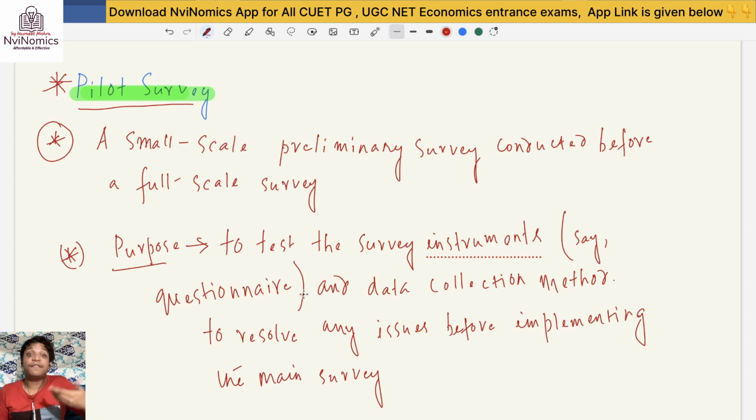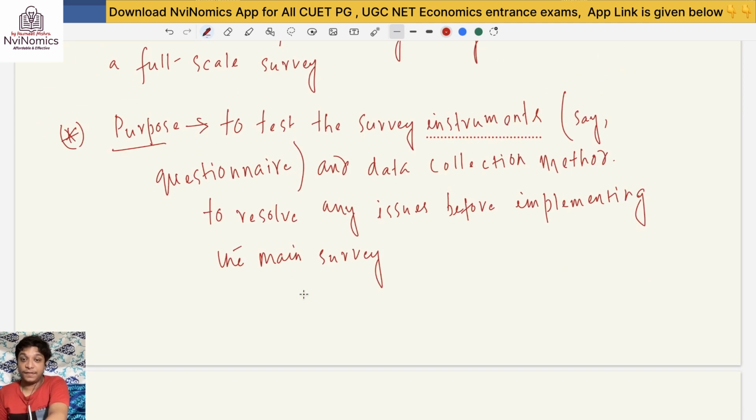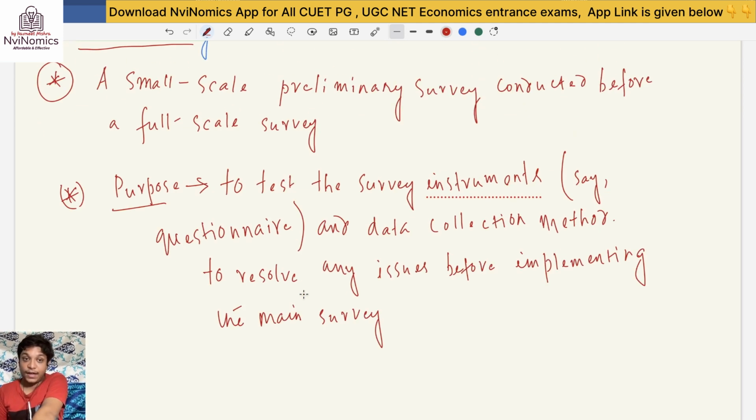So to test whether the questionnaire is appropriately constructed and structured, this pilot survey is initially used before conducting the big survey. So, any confusion? Is it clear?